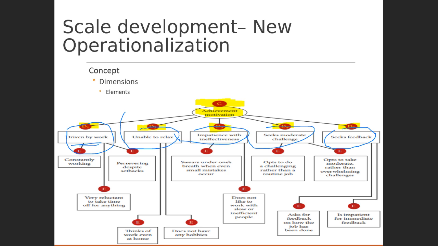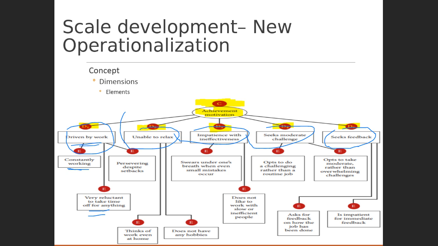Driven by work means that the employees would be working almost round the clock, in order to drive the satisfaction of having achieved something valuable. So now the driven by work dimension is broken down to 3 elements or 3 questions. The first question is, you're constantly working. The second question is that you are not reluctant to take time off for anything.